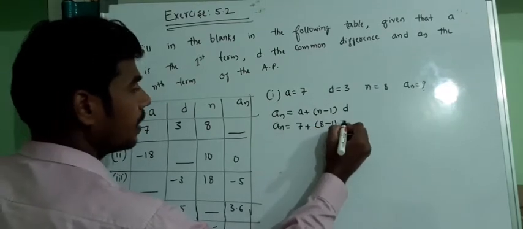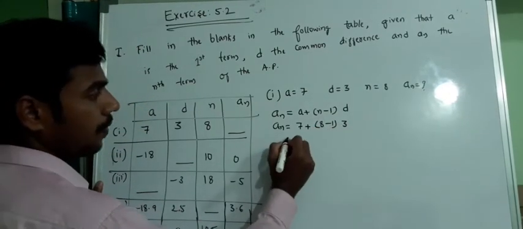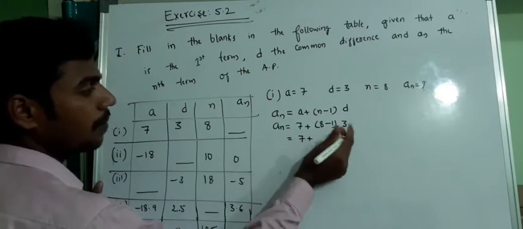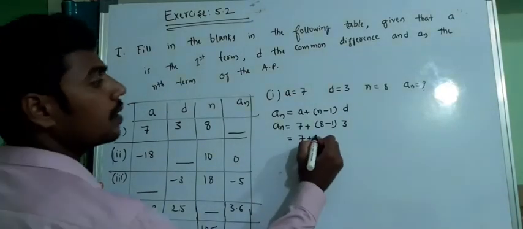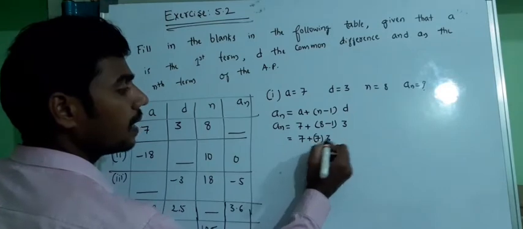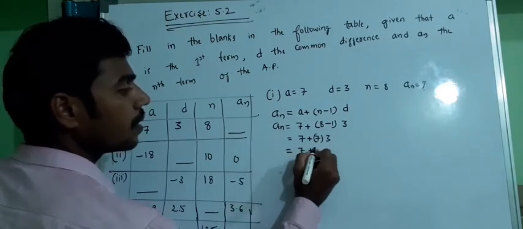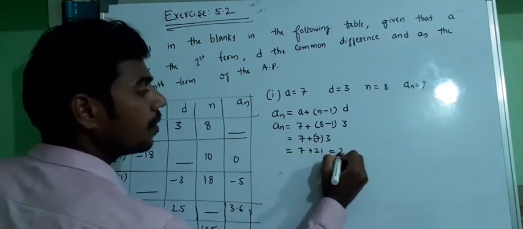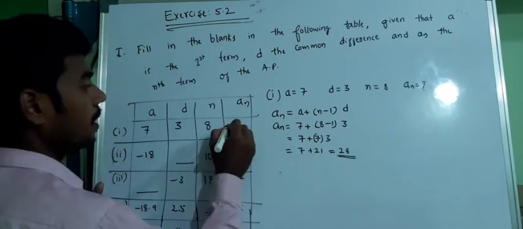What is D here? 3. So which is equal to 7 plus 8 minus 1, which is 7, into 3. 7 plus 21, which is equal to 28. So here it will be 28.